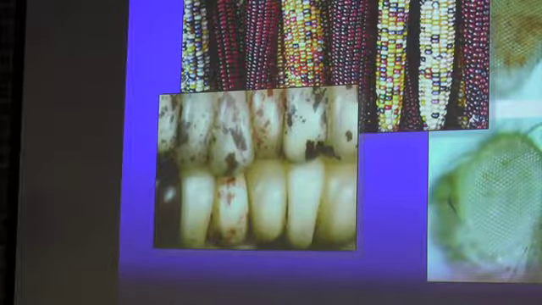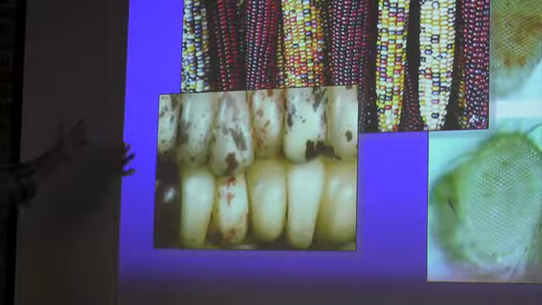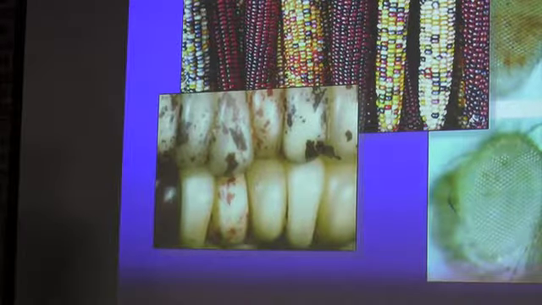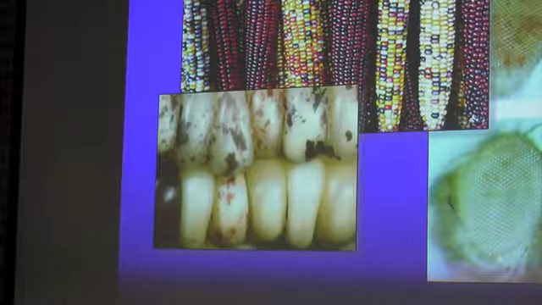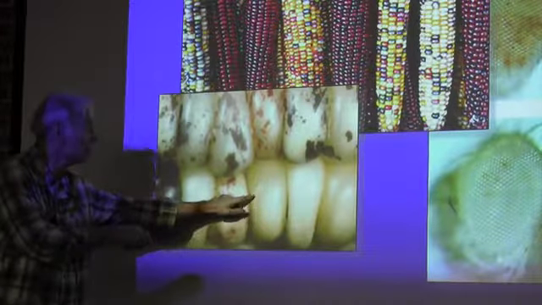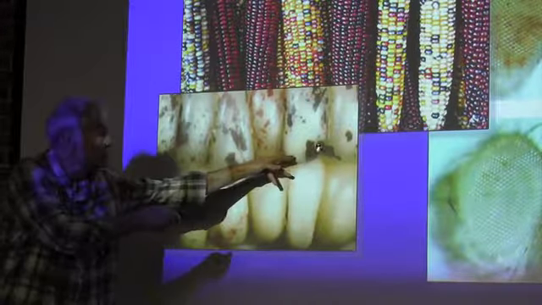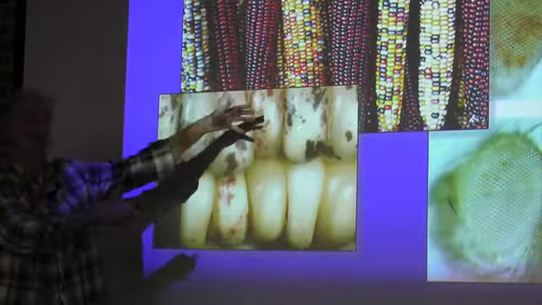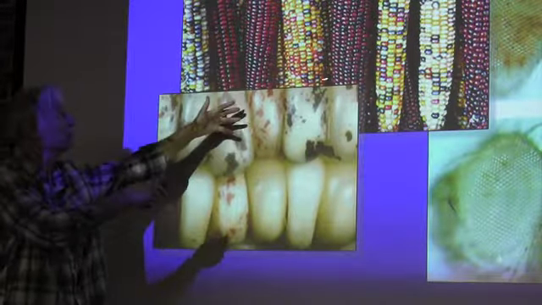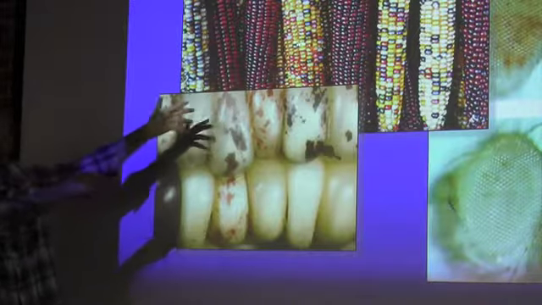And so you can tell when this happened in corn development, and development of this particular ear, by how big that spot is. If it happened more recently in the development of this one kernel, then you get little tiny speckles. If it happened very early, it could cover half the kernel. If it happened really early in the germline, you'll see complete reversion of the kernel, like you see up there.